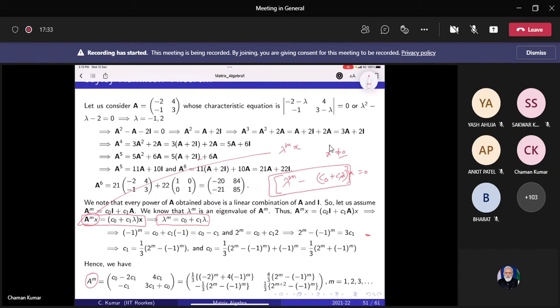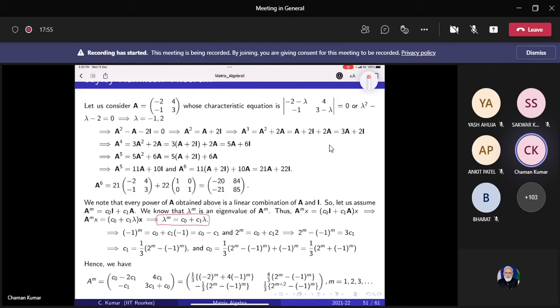So using these facts, we are able to come to this relationship: lambda^m is equal to C0 plus C1 lambda.